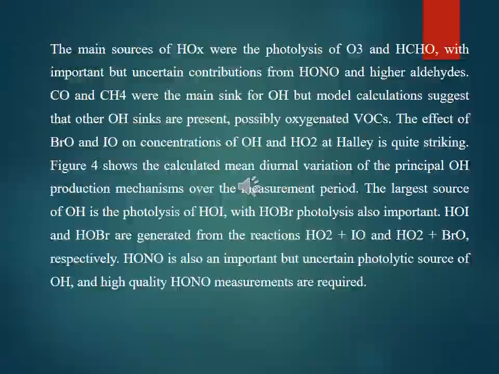HOI and HOBr are generated from the reaction when perhydroxyl radical reacts with iodine oxide radical and perhydroxyl radical reacts with bromine oxide radical, respectively. Nitrous acid is also an important but uncertain photolytic source of hydroxyl radicals, and high quality HONO or HNO2 measurements are required.